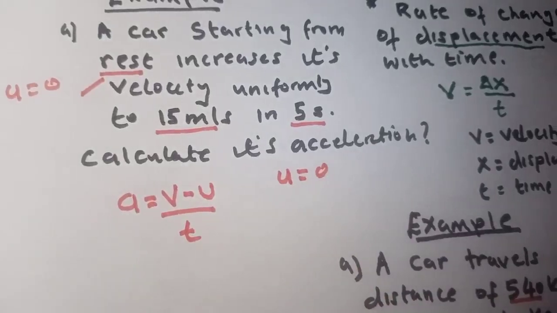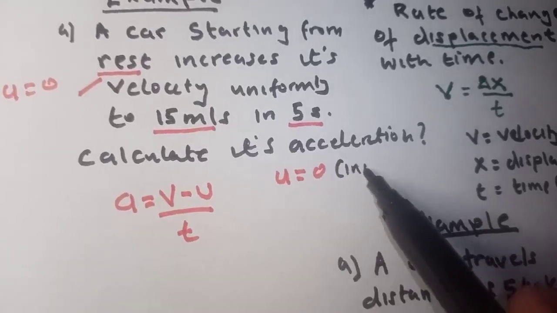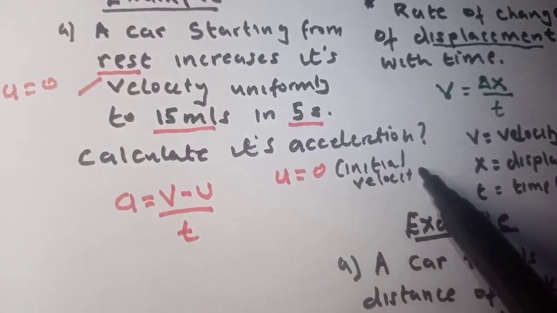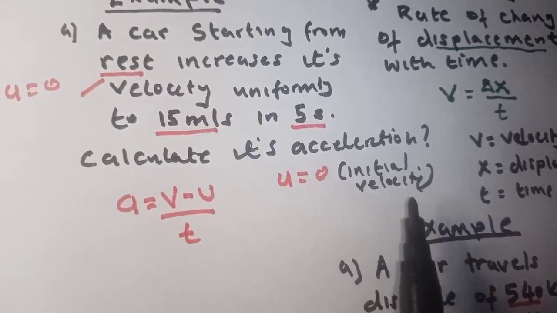Whenever you see that the car started from rest, just know that u is equal to 0. U is the initial velocity. So whenever a car starts from rest, your initial velocity is 0.